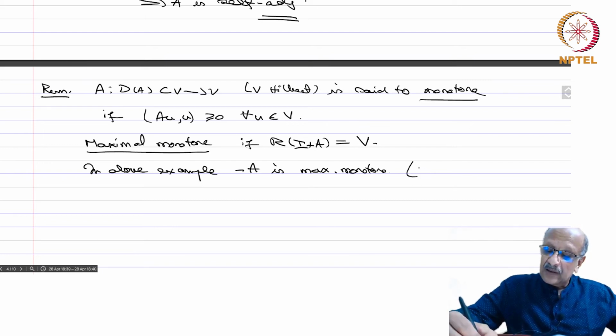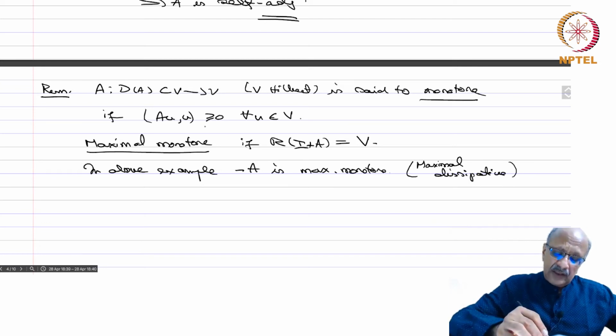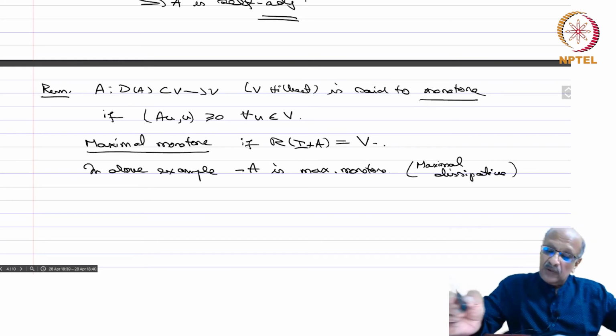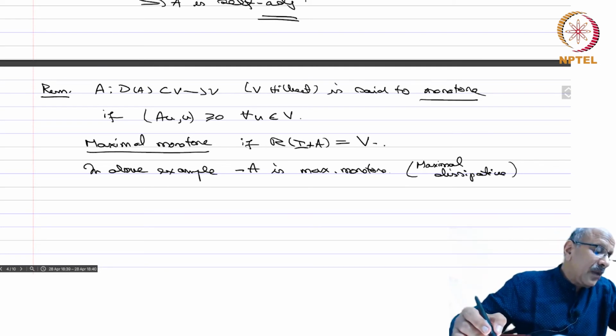So in fact, you could sometimes say maximal dissipative. If you have (A u, u) less than or equal to 0, then you say dissipative, and if the range of I minus A equals V, then you say maximal dissipative. Okay.